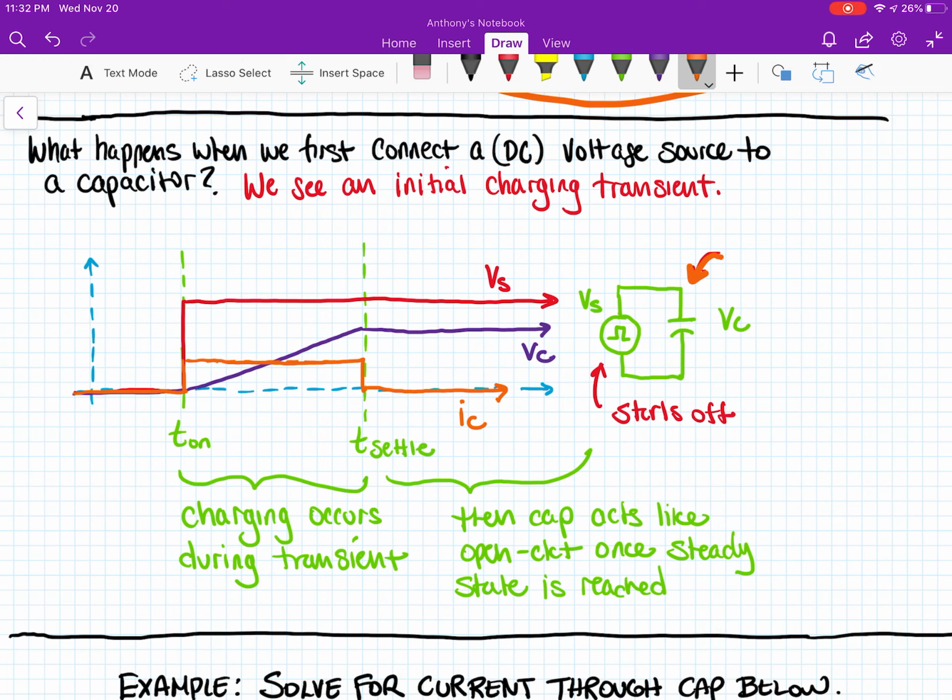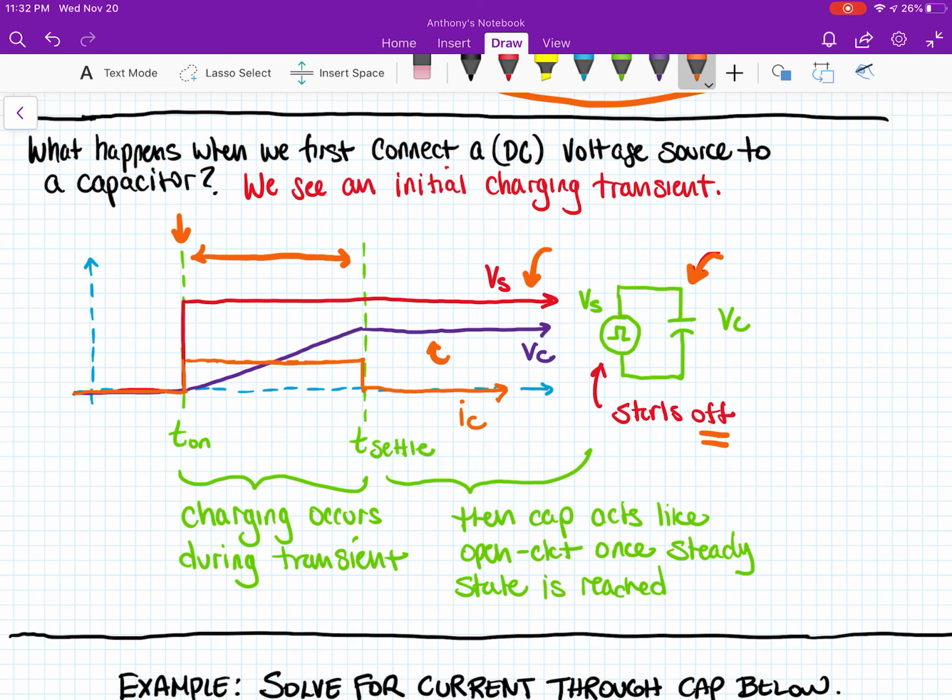This voltage source starts off, and then at the point T on, it turns on. And so you can see the red line represents the DC voltage being applied. During the charging interval, which is from here to here, the voltage builds up until it reaches its steady state value. And voltage is shown by the purple line.